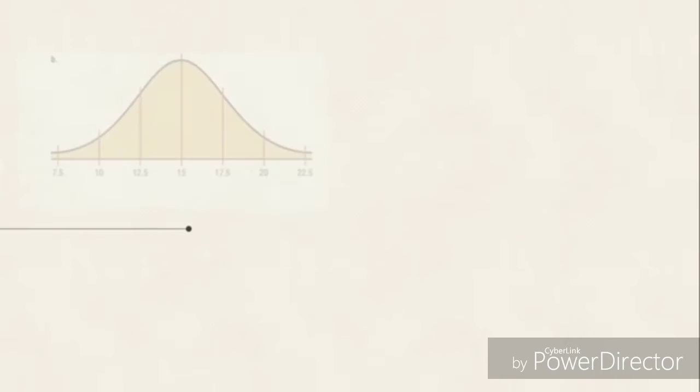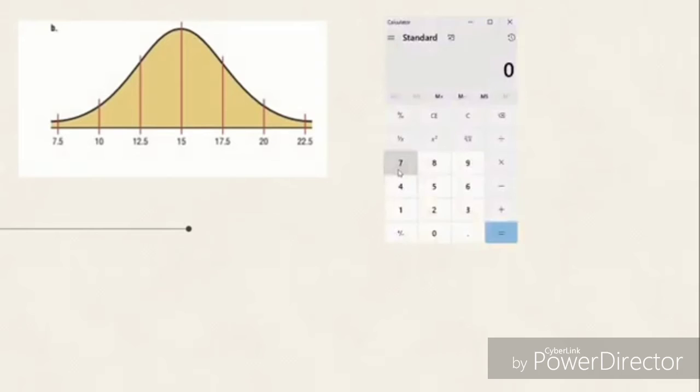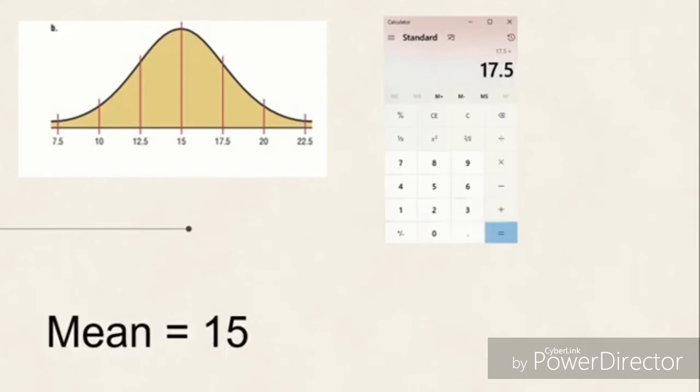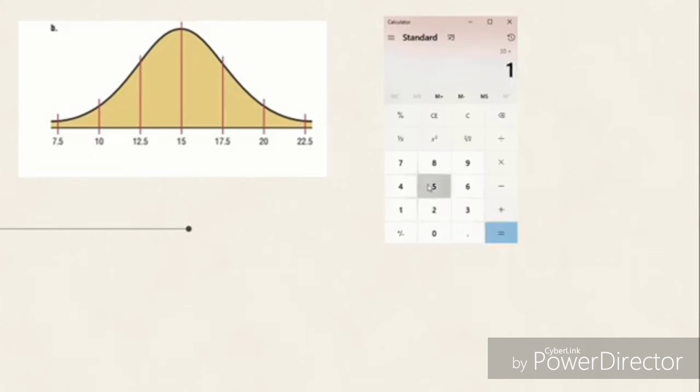Next one, for letter B, let's again use the calculator in solving for the mean. Again, let's sum up all the given. So 7.5 plus 10 plus 12.5 plus 15 plus 17.5 plus 20 plus 22.5.